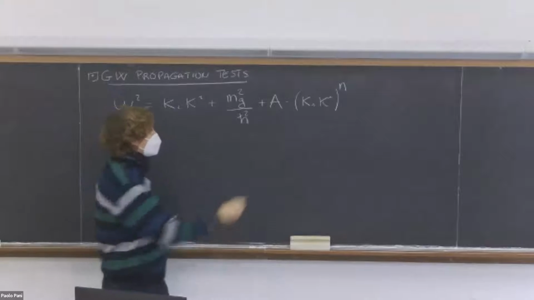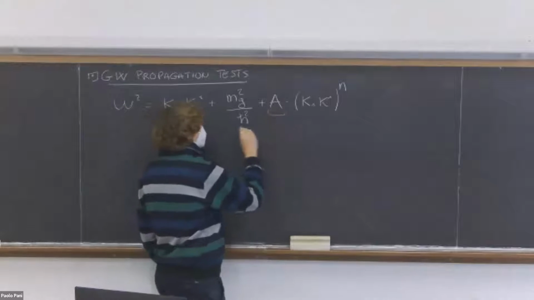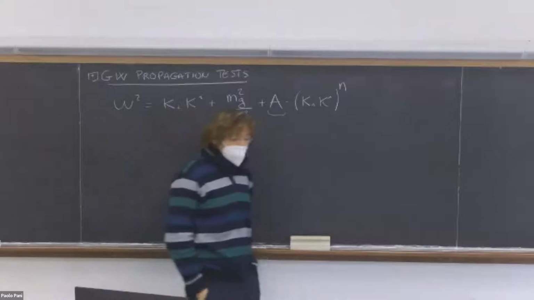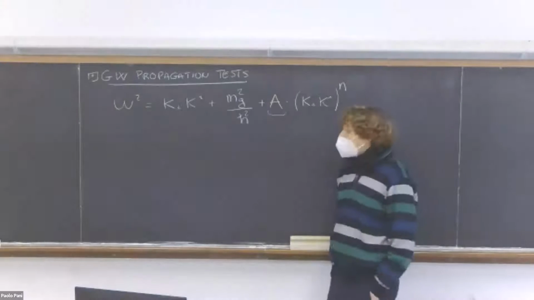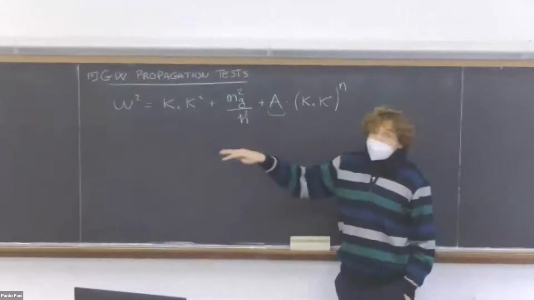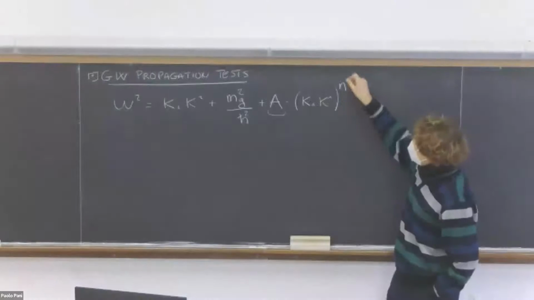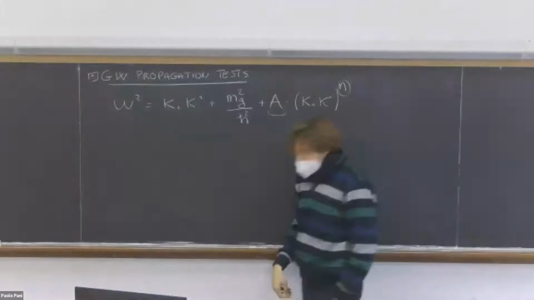So GR is recovered when this coefficient is 0 and when the mass of the graviton is 0, but in general we might have corrections that, depending on the theory, change the dispersion relation with different powers n of this dependence on the momentum.